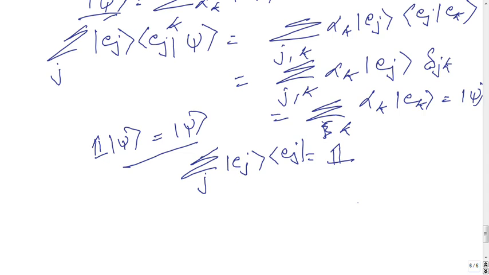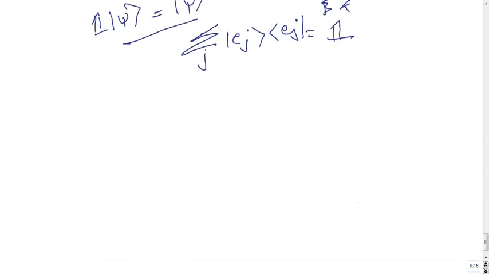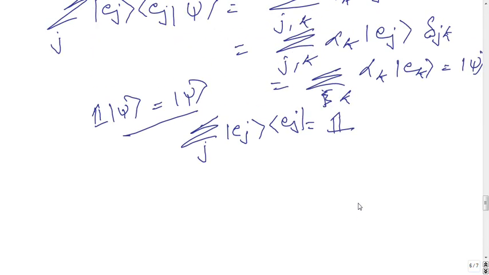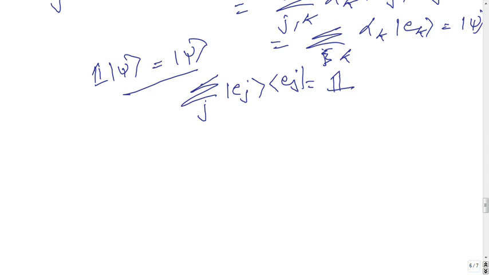This is called the completeness relation, because it suggests that this set of orthonormal bases completes this Hilbert space, completely spans this Hilbert space H. So it is called that because the outer product of orthonormal bases which span the Hilbert space sums to the identity operator. You can think of it that way also.